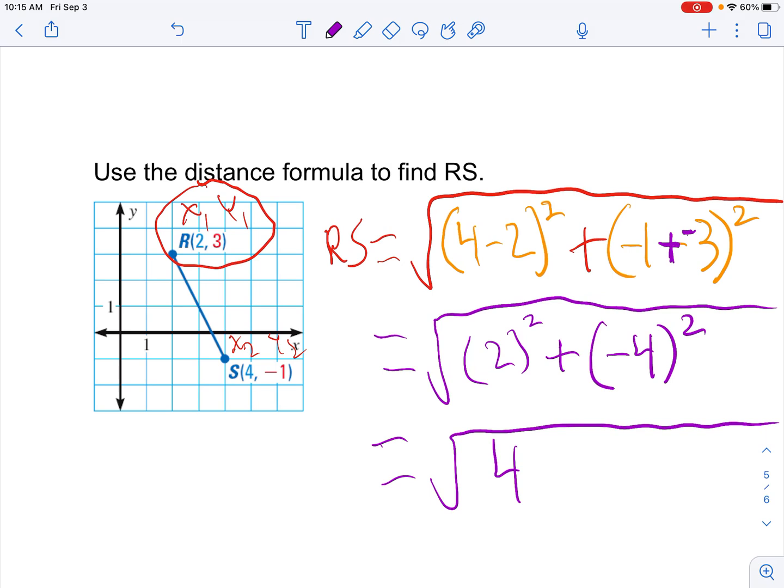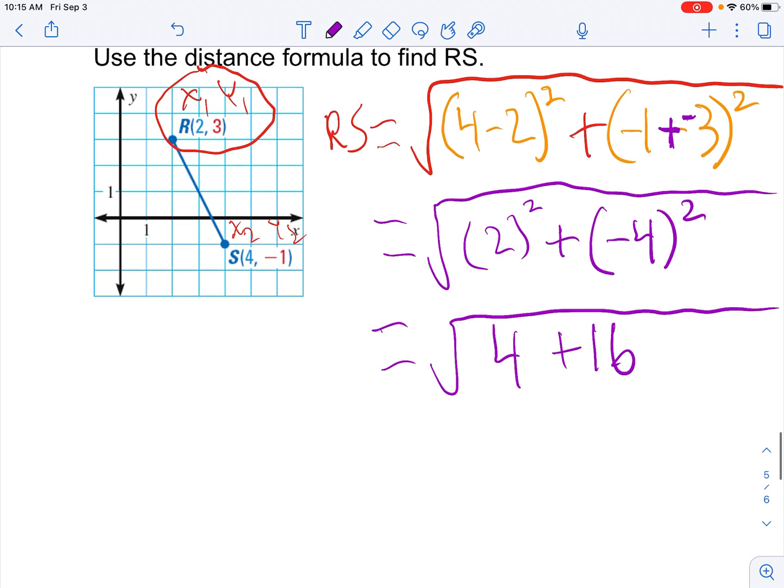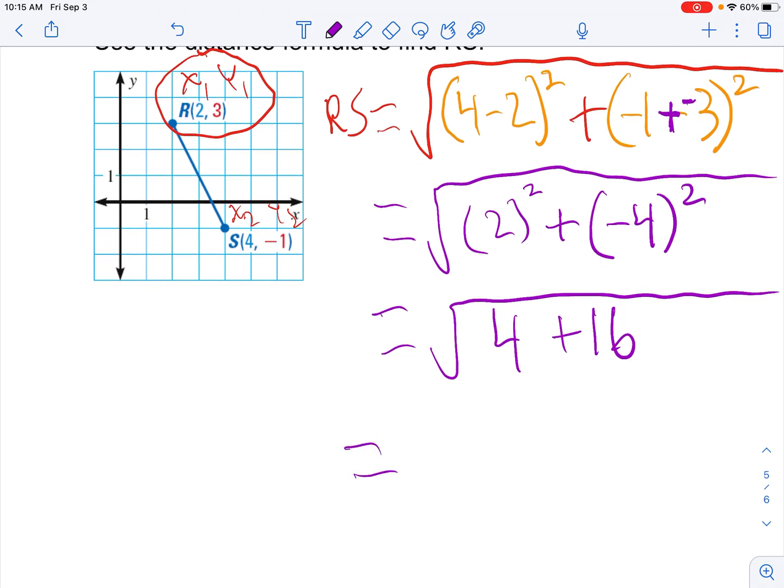Negative 4 squared, negative 4 times negative 4 is positive 16. So we're almost done. 4 plus 16 is 20.